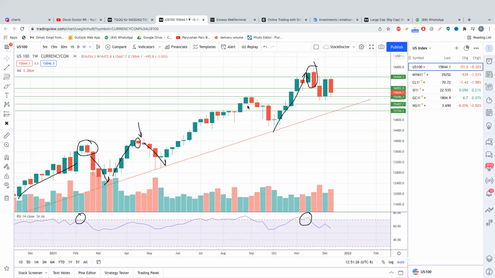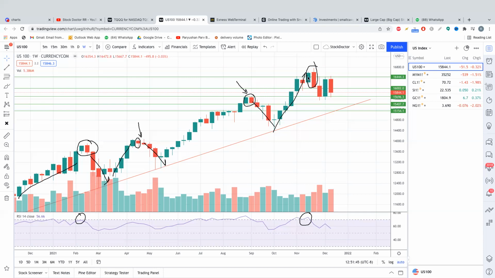Okay, again you see here it's a bearish harami pattern. And from here again it went down, again it gave a bearish engulfing, went down, right? And this you can call a bearish harami or a bearish piercing pattern.